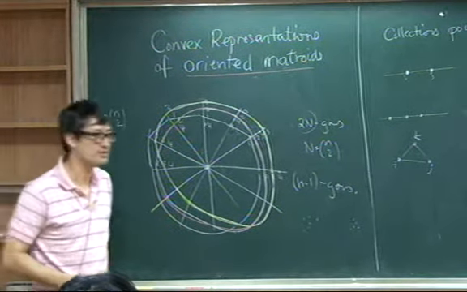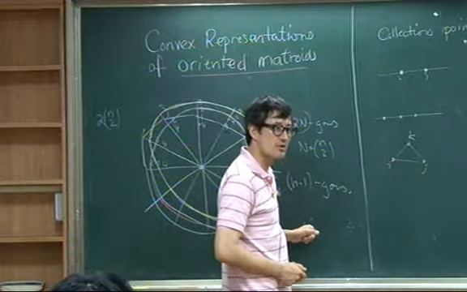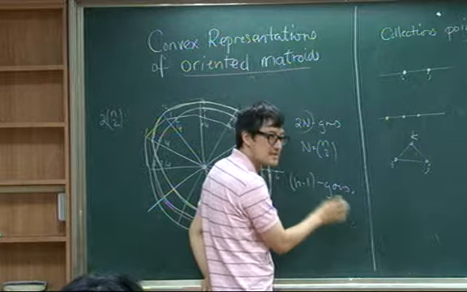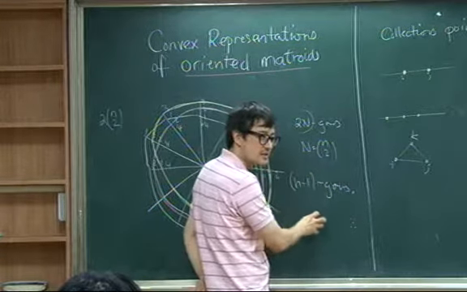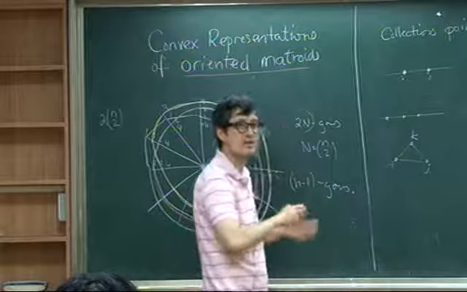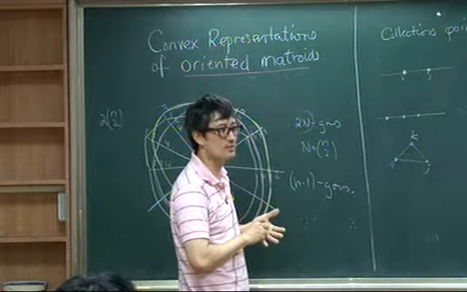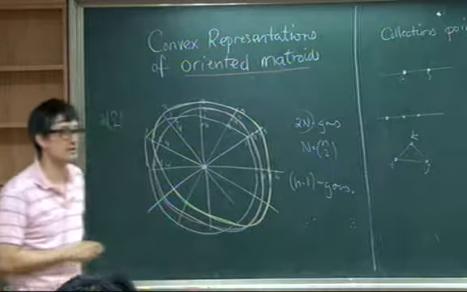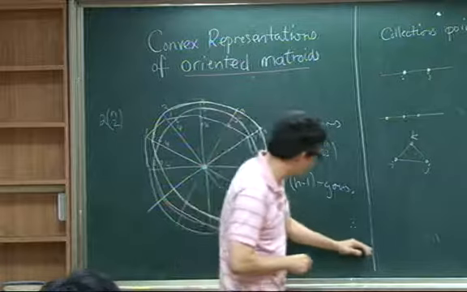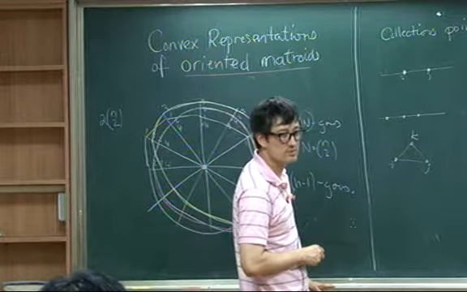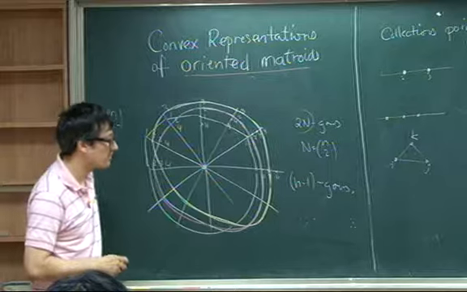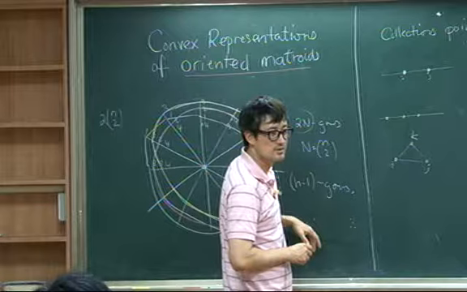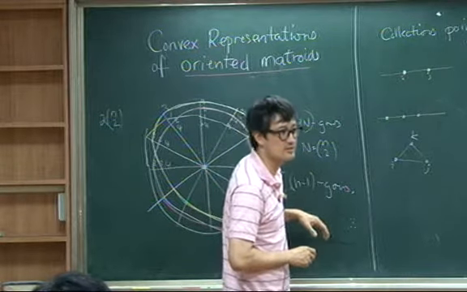This was a famous old conjecture called the Isotopy Conjecture. It said that if those 2 have the same combinatorial type, the same oriented matroid, there is a way to continuously deform this one into this one, such that along the way I always have the same oriented matroid. This was a famous conjecture from maybe the 50s. And until the 80s, this was widely believed to be true. And then a guy named Mnëv turned this upside down and said, not only is this not true, this is as false as you could imagine it to be.